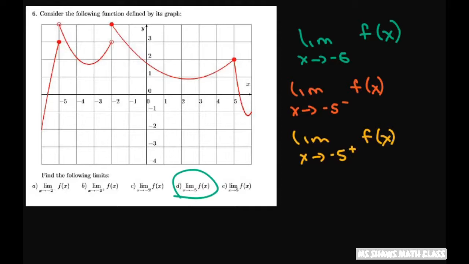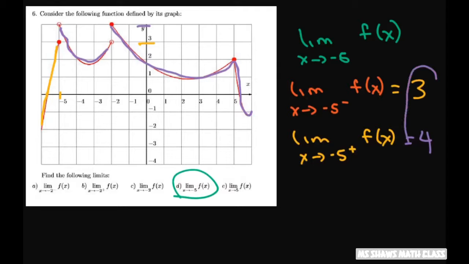All right, so from the left, we go up here, and we're going to -5. And we want the y value, and that's at 3. And then from the right, you travel this here. Kind of have to make a jump down here, but you end up here at 4.